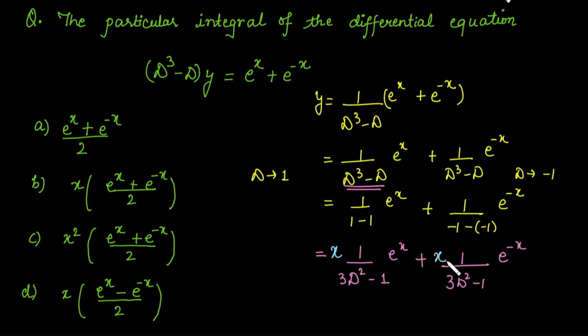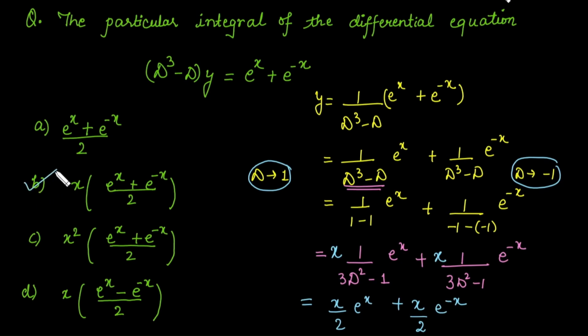Now take the additional term in this case as x. So simplify this. Replace d by 1 in the first case. So we have x upon 3 minus 1, that is 2, e raised to power x, plus x upon d replaced by minus 1 in this case. Minus 1 square is 1. So again x by 2, e raised to power minus x. So the final answer in this case is option B.